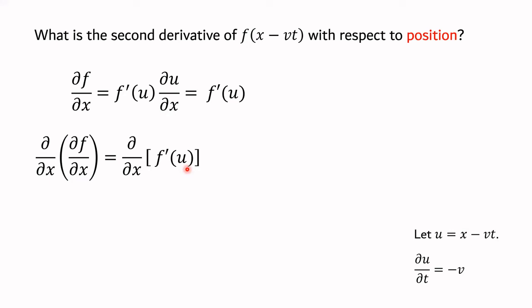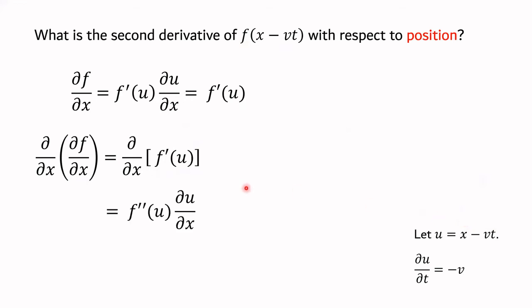And again, this function is a function of u. F is a function of u. When you differentiate it, you get some different function of u. So this quantity in the brackets depends on u, but u depends on x as well. That's the dependence that we're interested in.